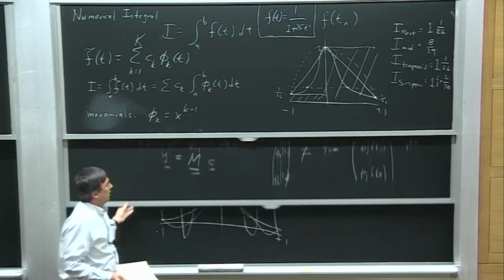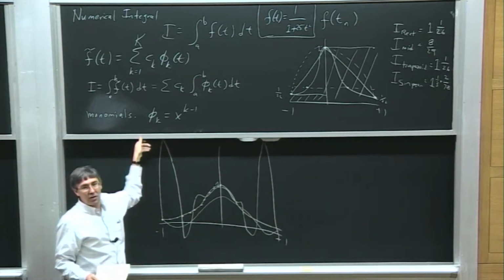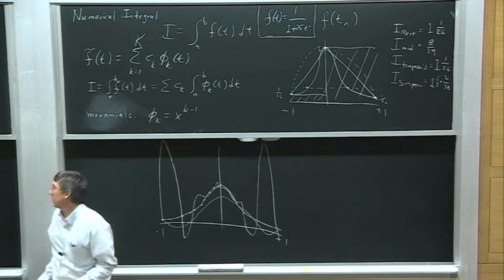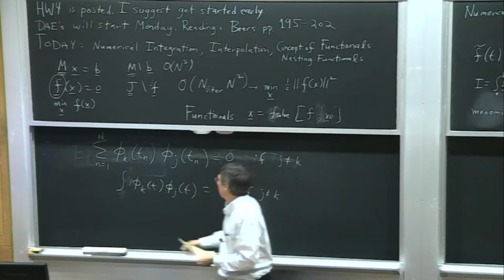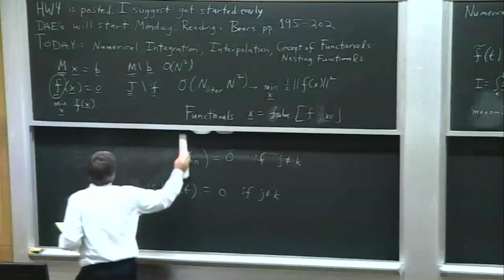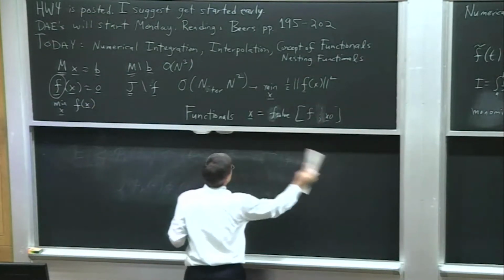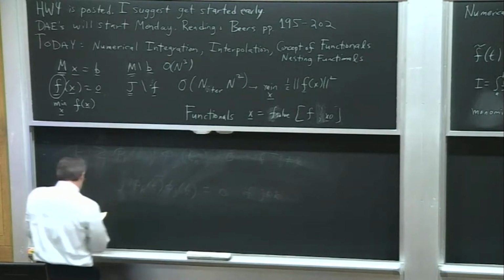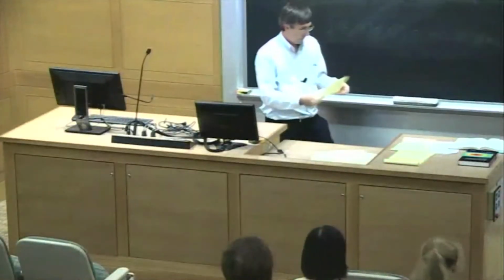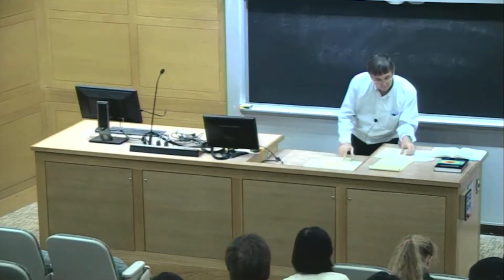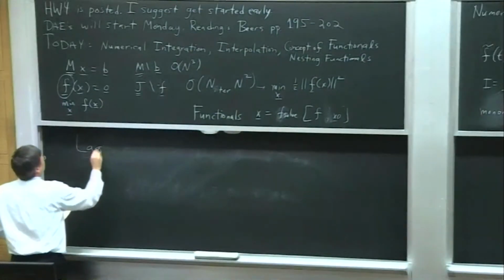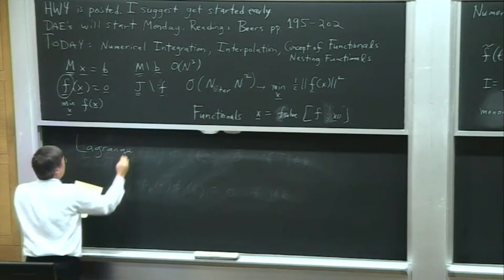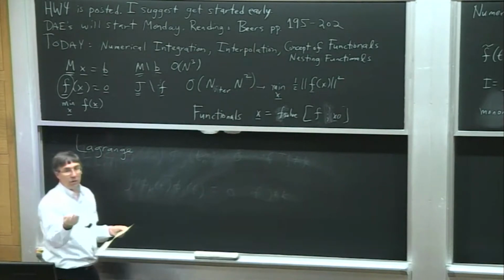So instead, a lot of the mathematicians of the 1700s and 1800s spent a lot of time worrying about this, and they end up deciding to use other polynomials that have people's names on them. So a guy named Lagrange, the same guy who did the multiplier, he suggested some polynomials. They're kind of complicated.